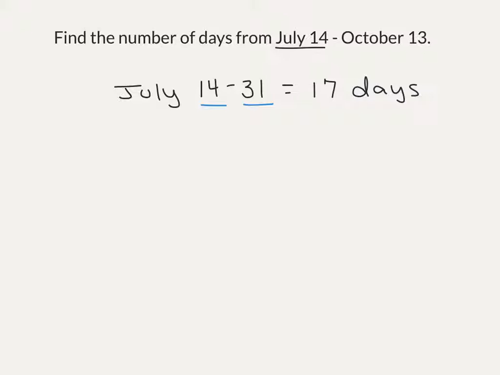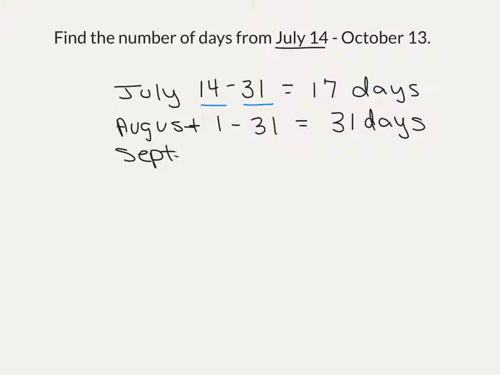We'll go on to the next month, which is August, and August has 31 days. So we'll just count 31 days for that month. Next, we'll look at September, and September has 30 days.